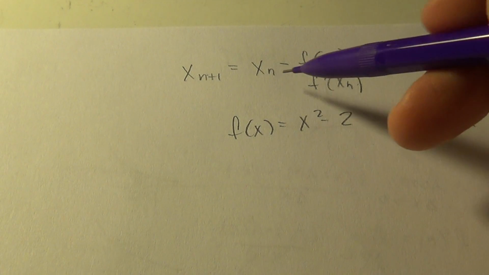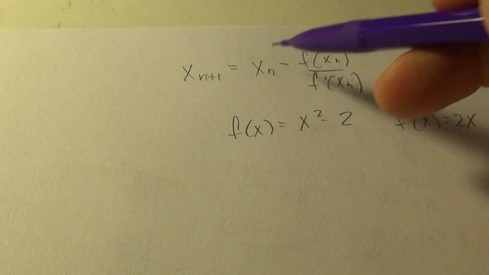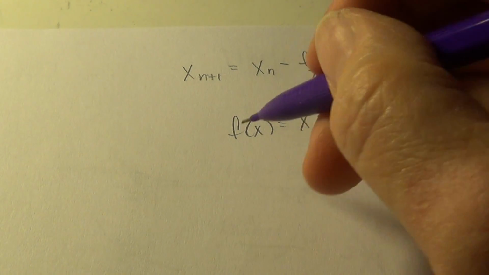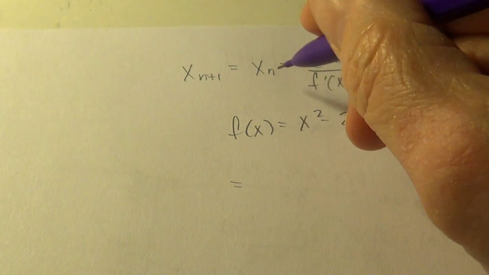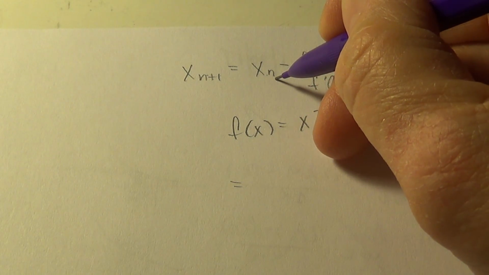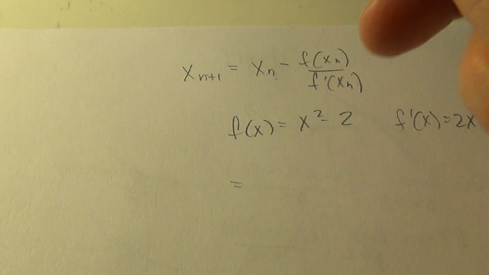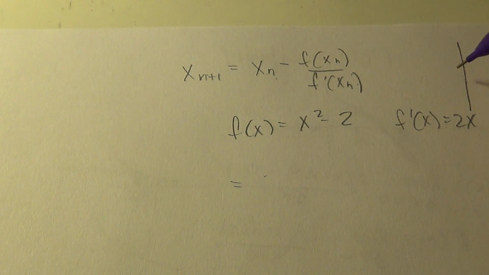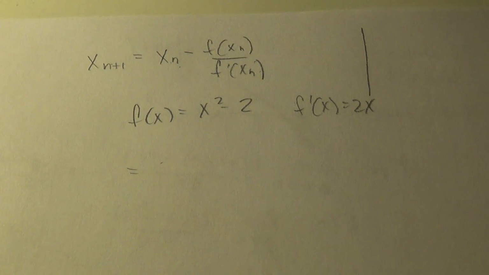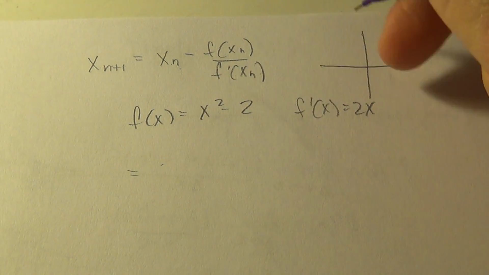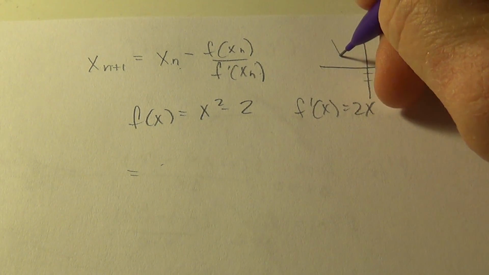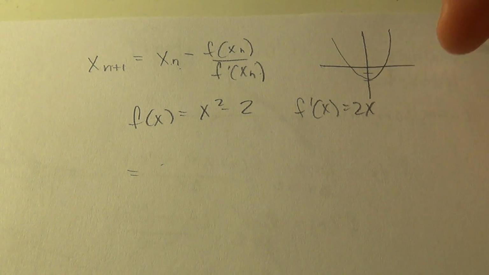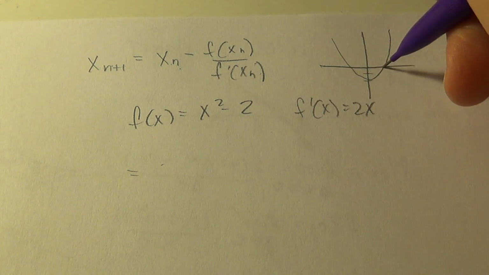Alright, to follow this, we're going to find our first approximation, and it's going to be x sub n, which I come up with. I just make a guess. Let's see what it looks like a little bit, at least a rough look. So a good guess of where that crosses.